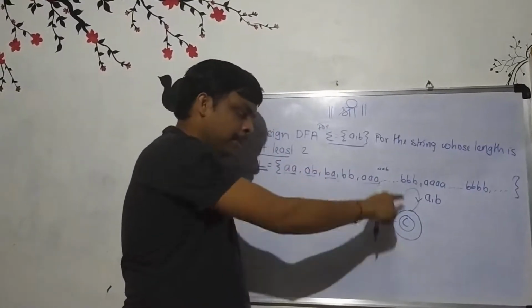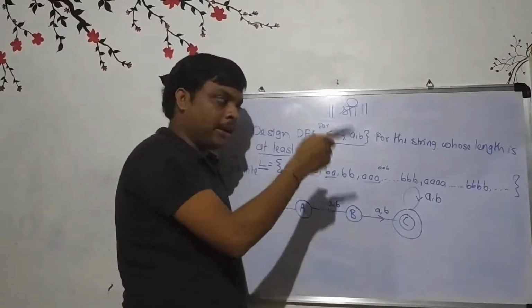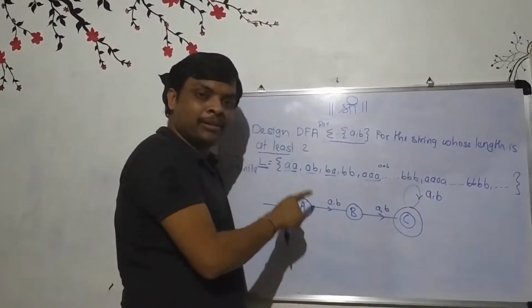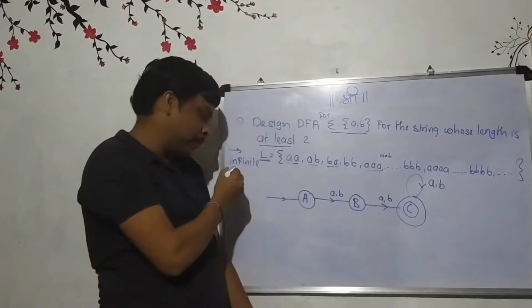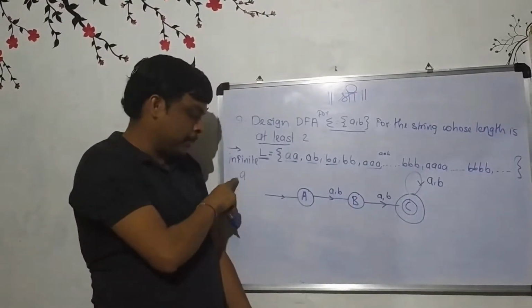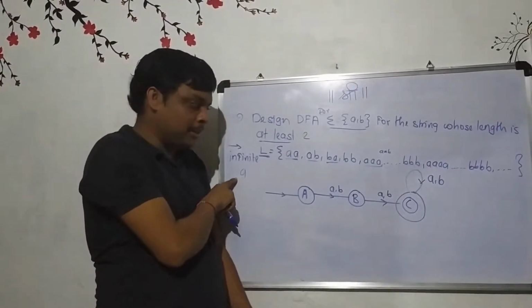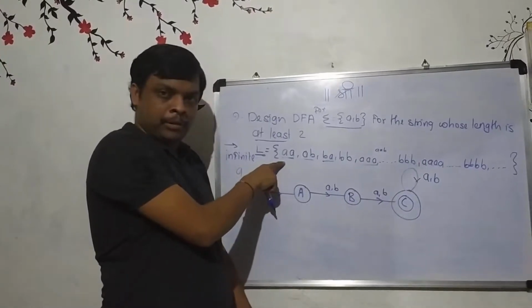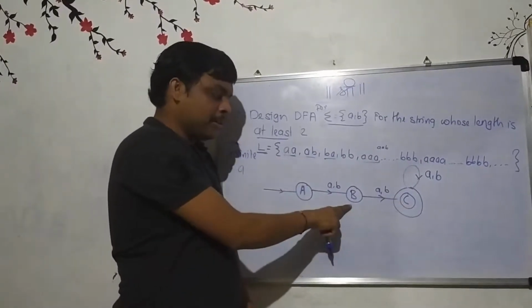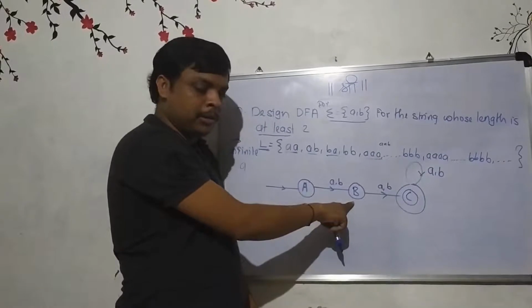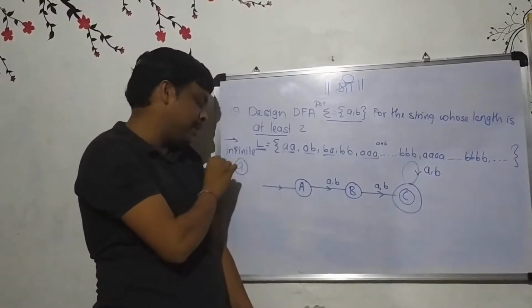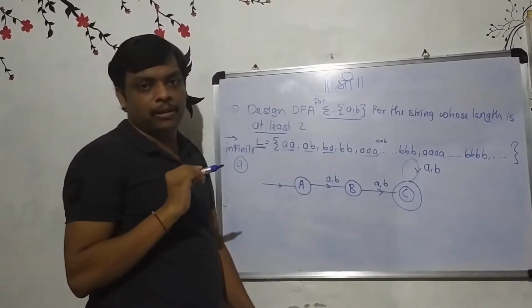Now this DFA is accepting all the strings, and along with that it has to reject the strings which are not in the language. So we have taken this example. It has rejected this string because this string is not in the language. When we scan this, our resultant state is capital B, which is not final. So that's why if I take only A, it will reject.